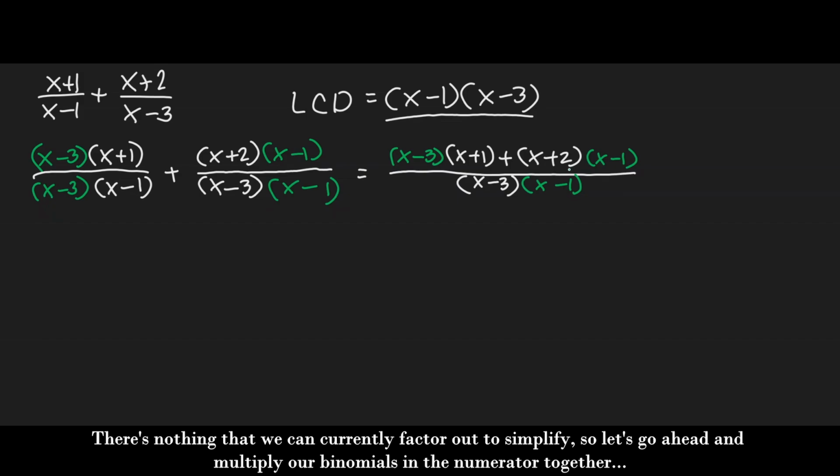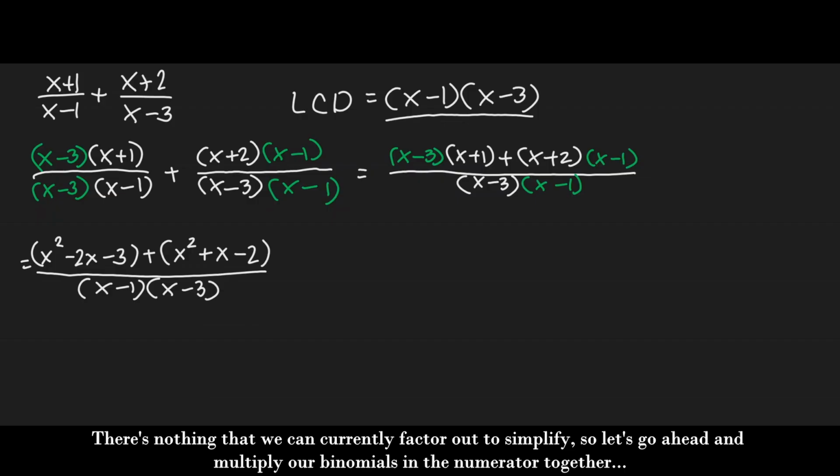There's nothing that we can currently factor out to simplify, so let's go ahead and multiply our binomials in the numerator together. x squared minus 2x minus 3 plus x squared plus x minus 2, all divided by x minus 1 times x minus 3.